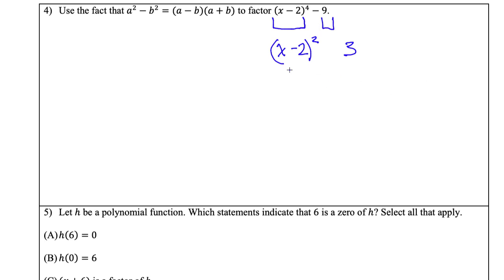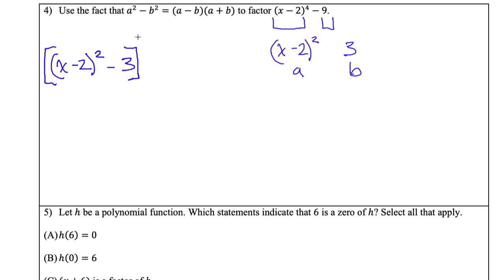So I know that this is going to be my A, this is going to be my B, and I plug it into this formula, and I'm basically done. Here we go. A minus B. Well, that's x minus 2 quantity squared. That's A. Minus B is minus 3. So that was in my first set of parentheses. I'll make them square brackets.